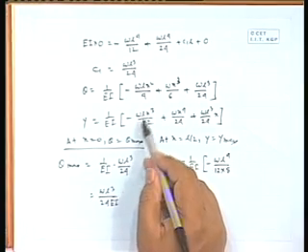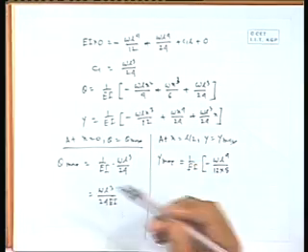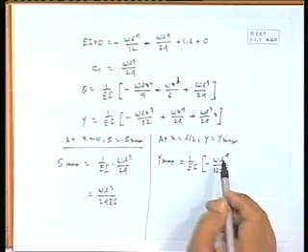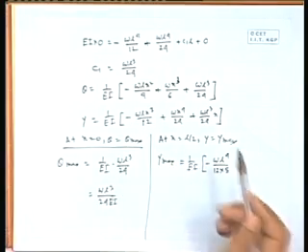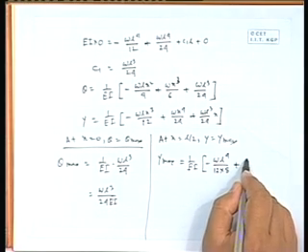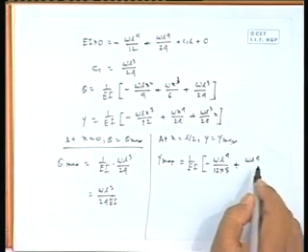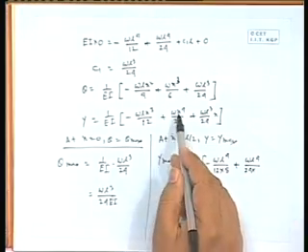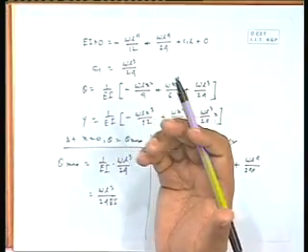L by 2 to the power 3 will be 8, so 8 will come in the denominator, it will be L cube and the 1 L is there, it will be L^4, plus omega L^4 divided by 24, and L by 2 to the power 4 will be 16, right.